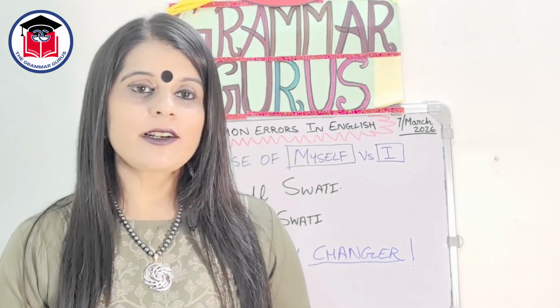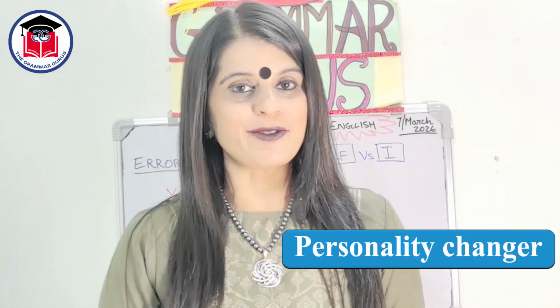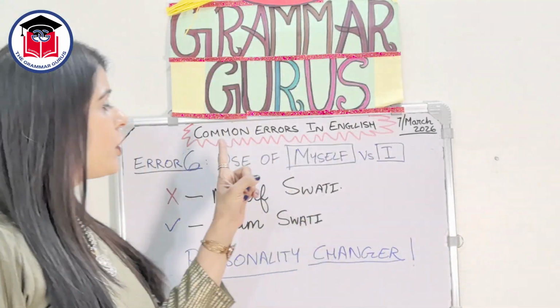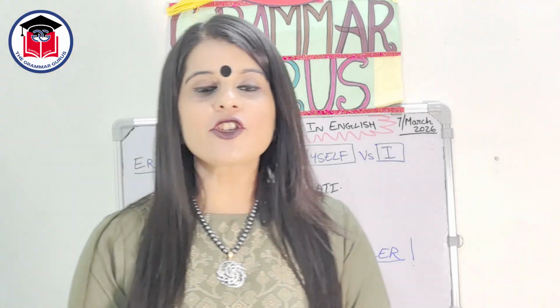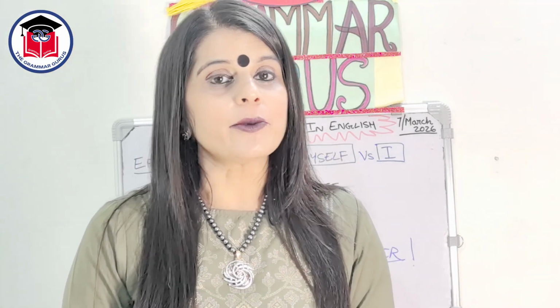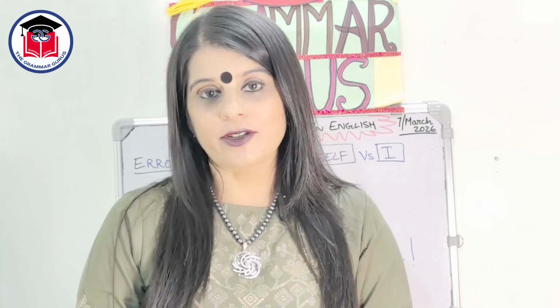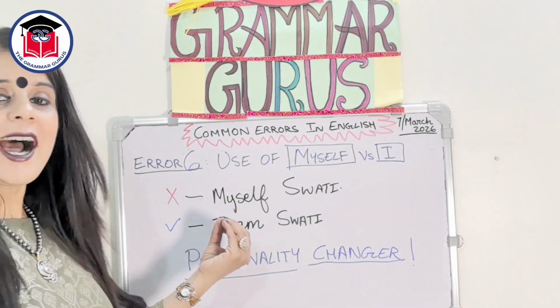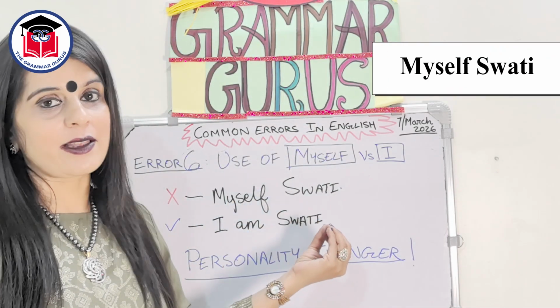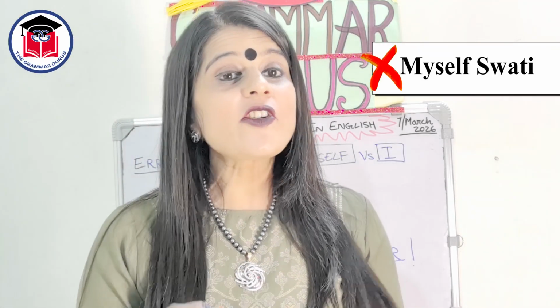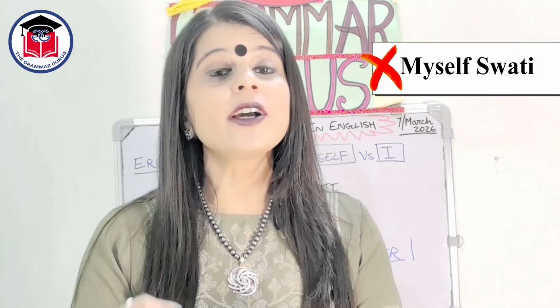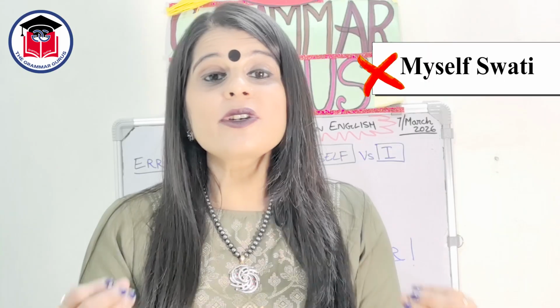Moving on to error 6. I call this the personality changer. Let's see why. Use of myself versus I. Imagine you walk into an interview and you introduce yourself starting, Hi, myself Swati. There goes the problem. You have already given a wrong impression and you don't even know it.